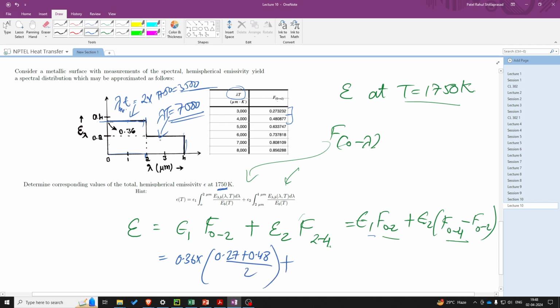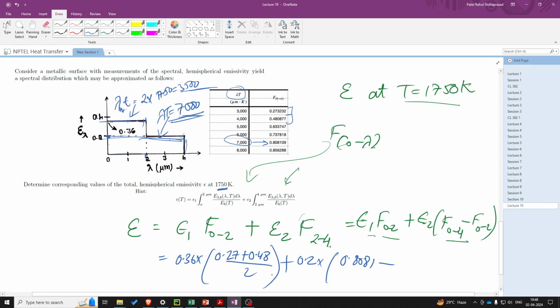Plus epsilon 2, that is the emissivity in this range, which you can read from the chart is approximately equal to 0.2, into f of 0 to 4. 0 to 4 basically means this range until 7000 micrometer Kelvin, so it will become 0.808 minus f of 0 to 2.